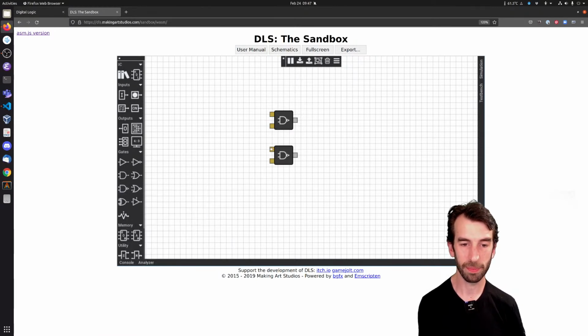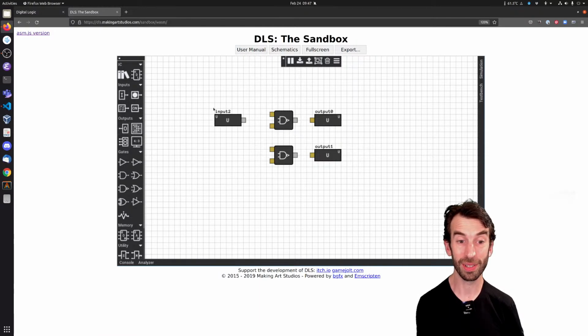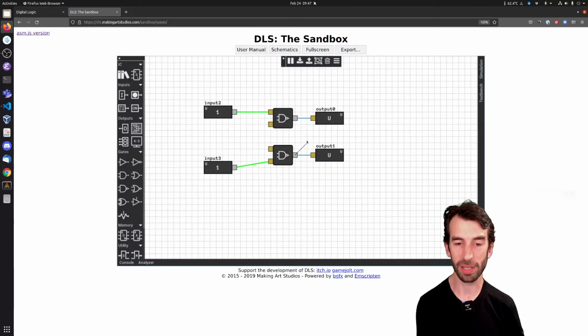There we go. And I'm going to need 2 outputs. And I'm going to need 2 inputs. So I'm going to put my inputs into that NAND, 1 input into this NAND. Output goes straight to the output there. And then I'm going to do this kind of cross-wired feedback.